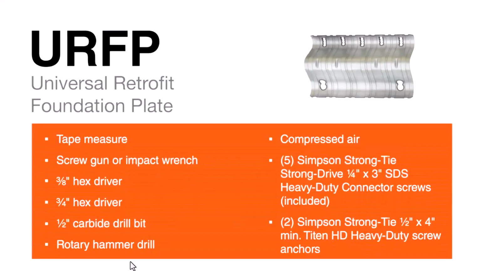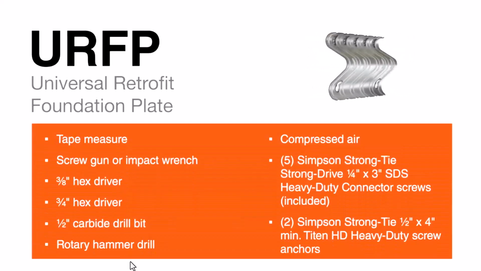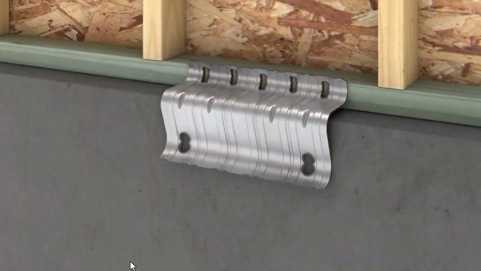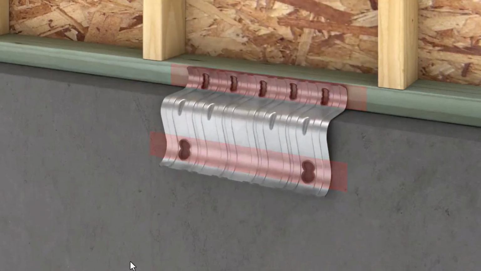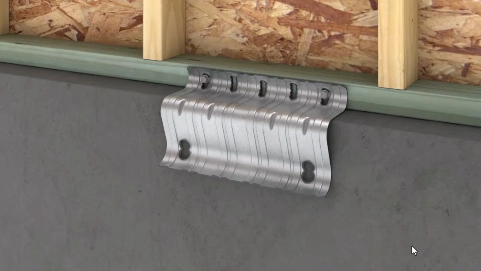For installation of the URFP, here are the tools and hardware you'll need to get the job done. To install the URFP, begin by dry fitting the plate tightly against the mud sill and the face of the foundation. Using a 3/8 inch hex driver and screw gun, install Simpson Strong-Tie SDS heavy-duty connector screws in the far left and far right holes to fix the URFP in place. Install the 3 remaining screws.